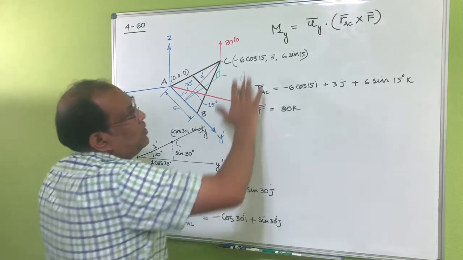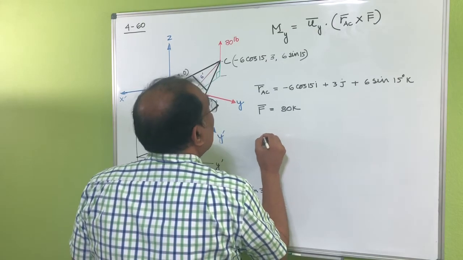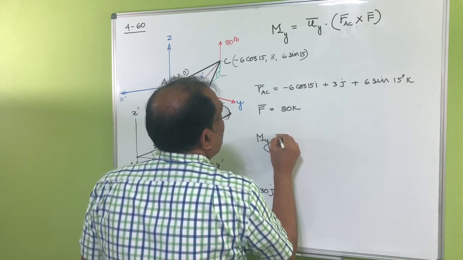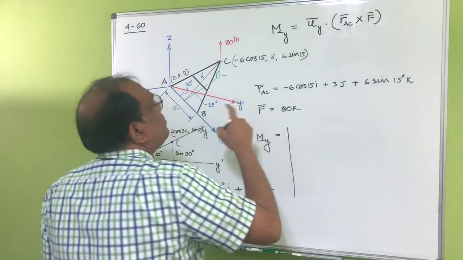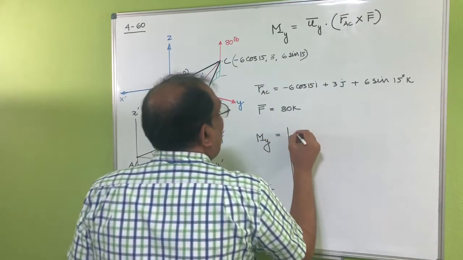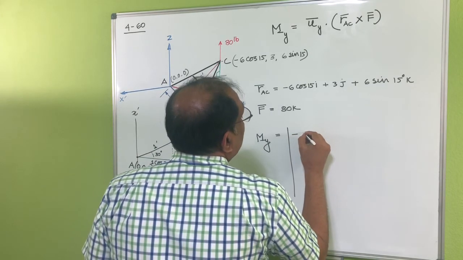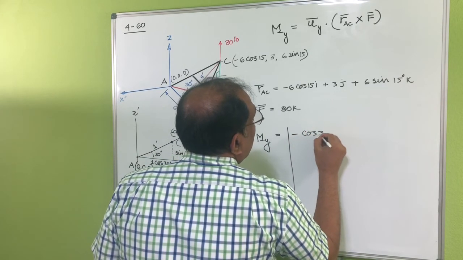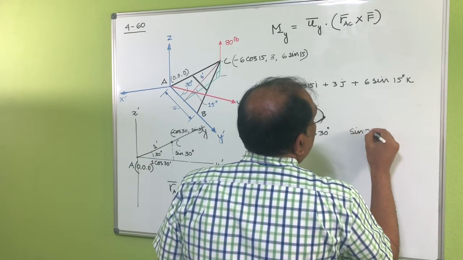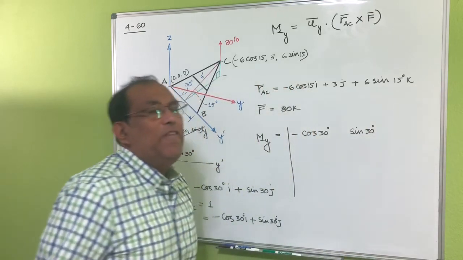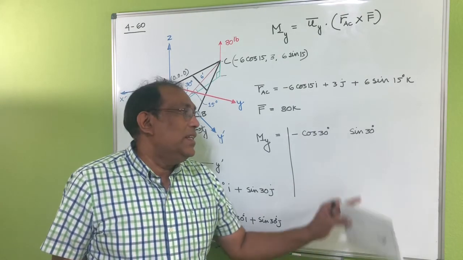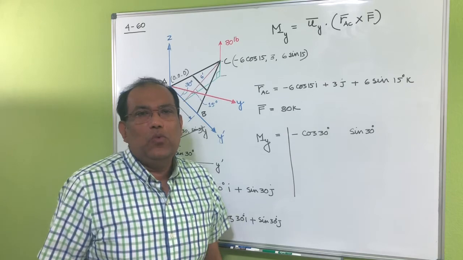So now I can put the whole thing here. First of all, the unit vector here, which is minus cosine 30, sine 30. You can also put the value of cosine 30 and sine 30, that's up to you, in the matrix. I'm just writing this way, but that's up to you.